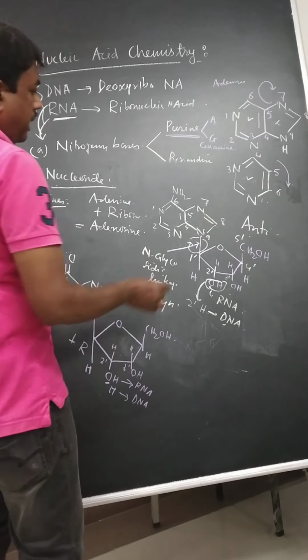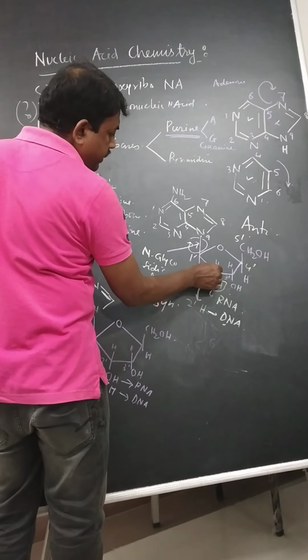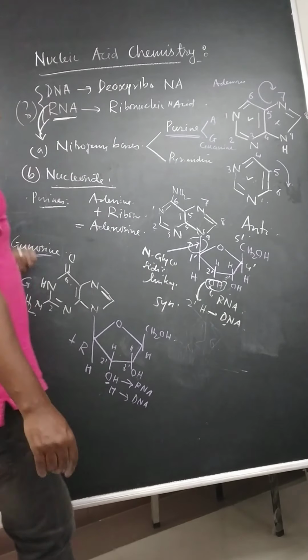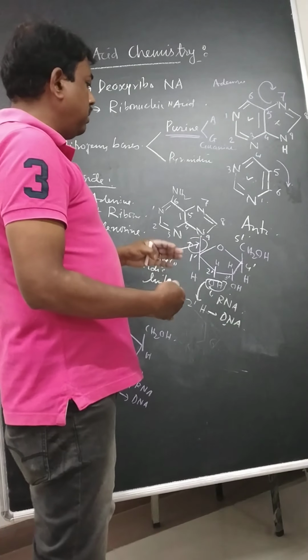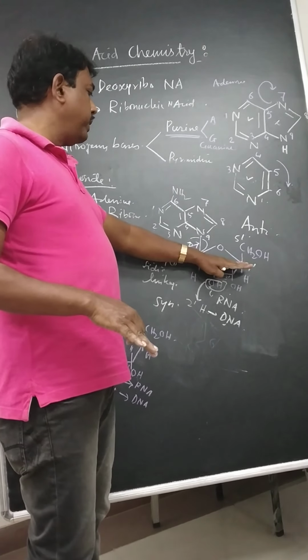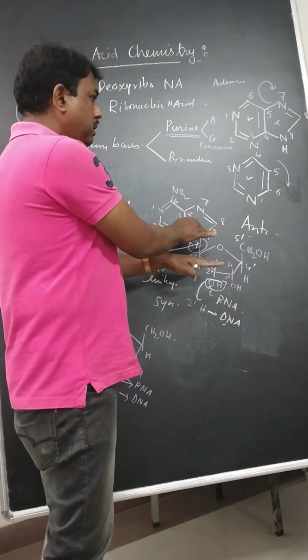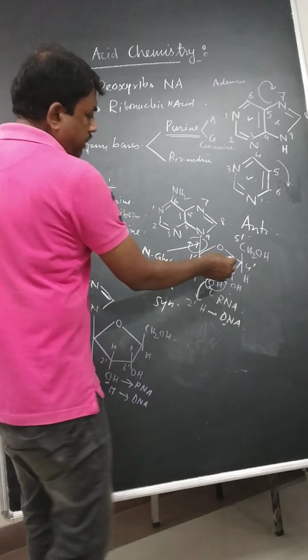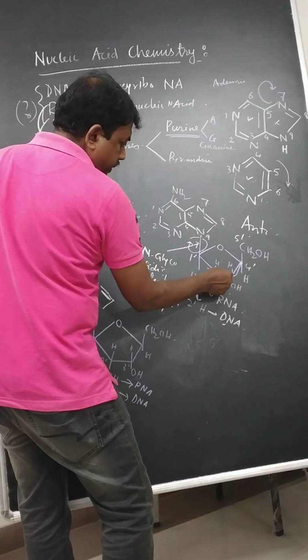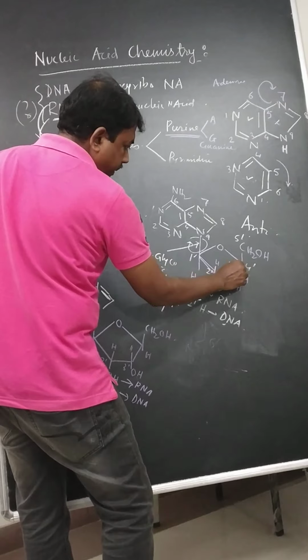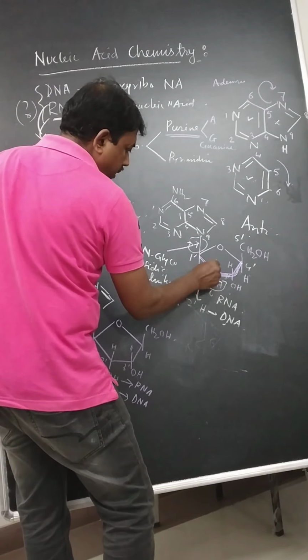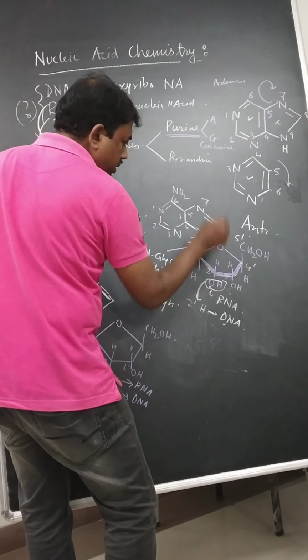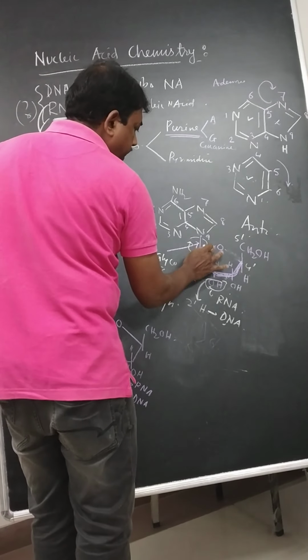Now another thing is that this ribose, at the 2 prime or 3 prime position, is not a planar molecule. This ribose lies in this way. So this O is behind the board and this part is above the board. It can be represented by a bold line.